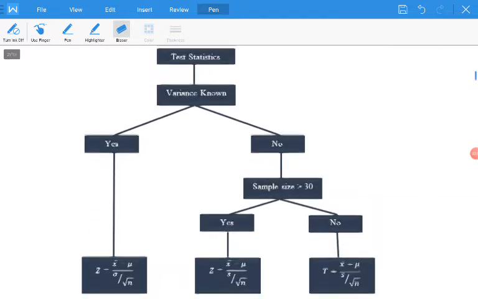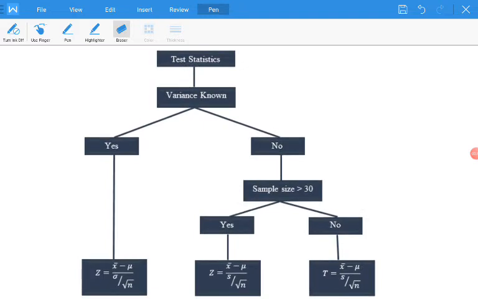There is this graph that we use as a guide on calculating our test statistic and choosing our critical value. If the variance is given and it's known, we use the first formula to calculate the test statistic.